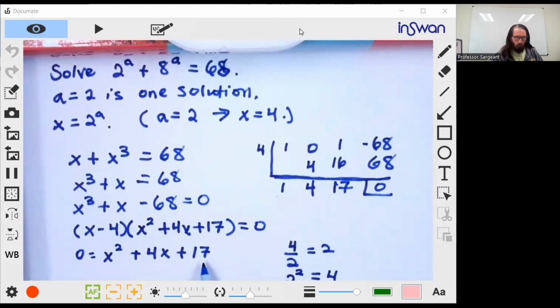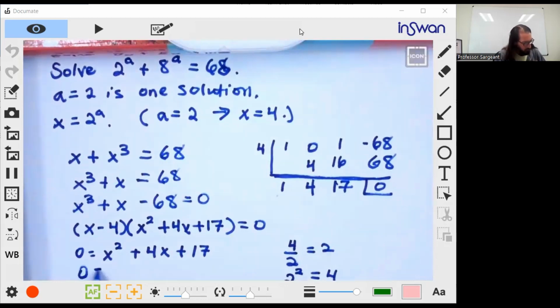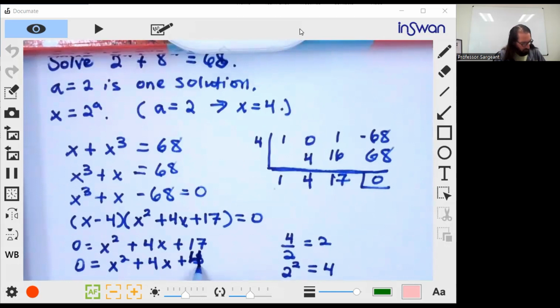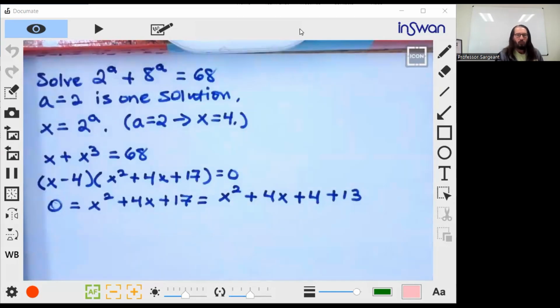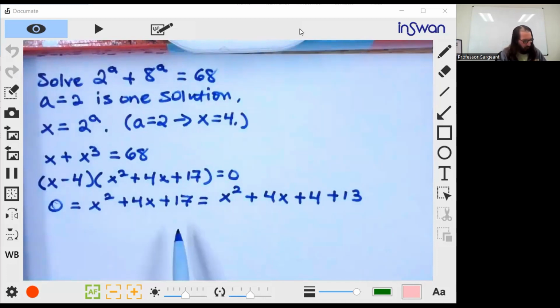And I've got more than that. I've got 13 more than that. Plus 4 plus 13. So there's a summary of what we have so far, and looking to find other solutions for x, I'm using completing the square instead of the quadratic formula.